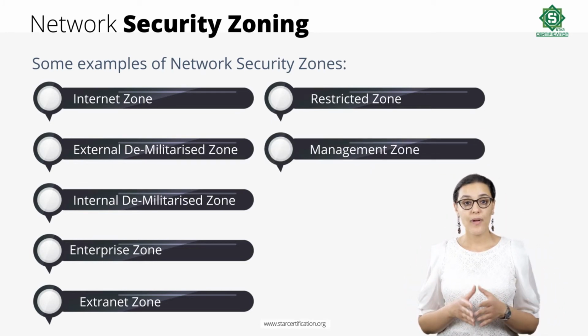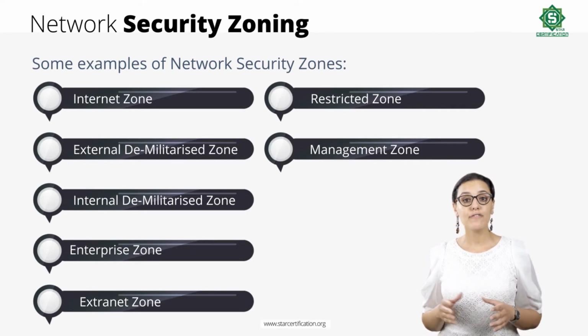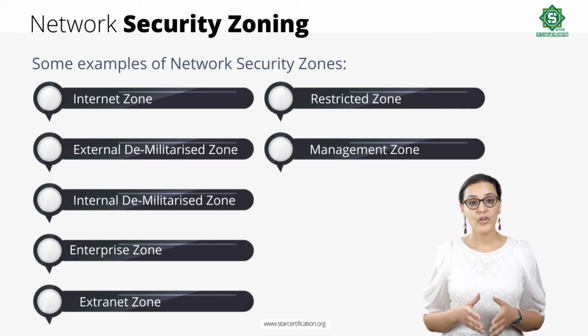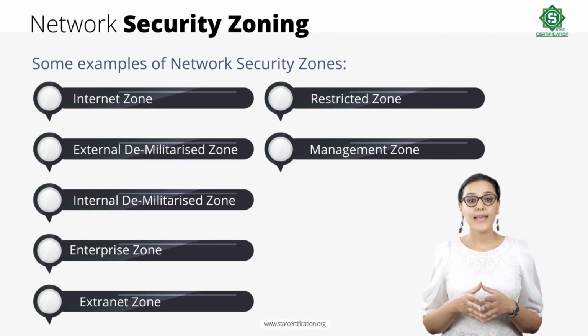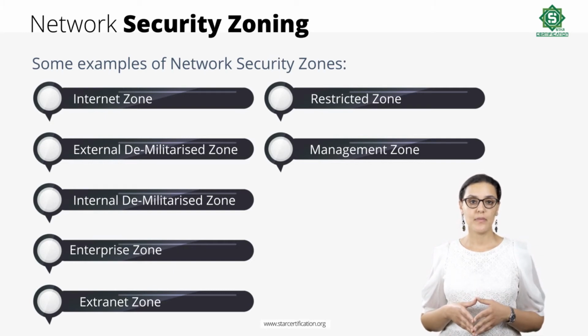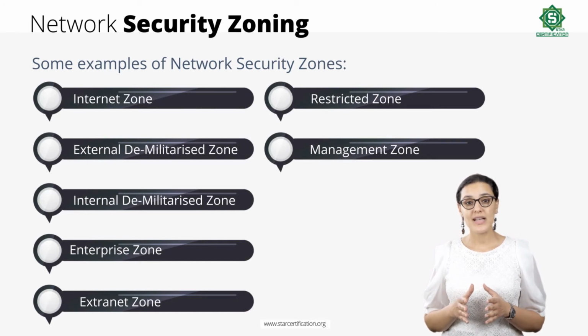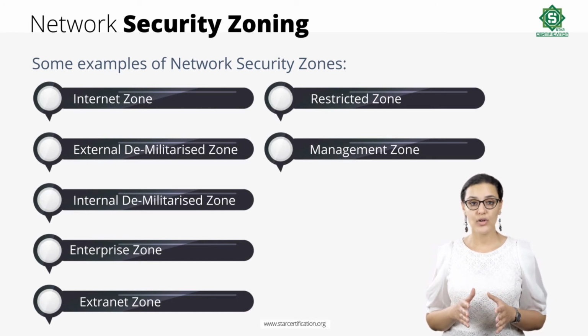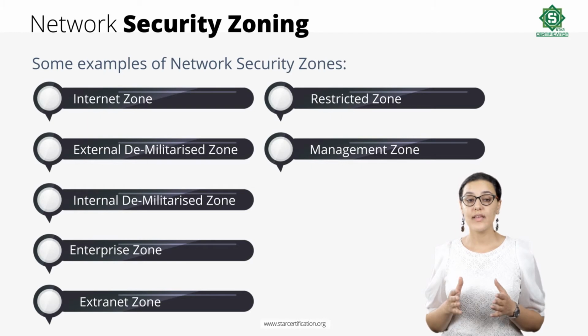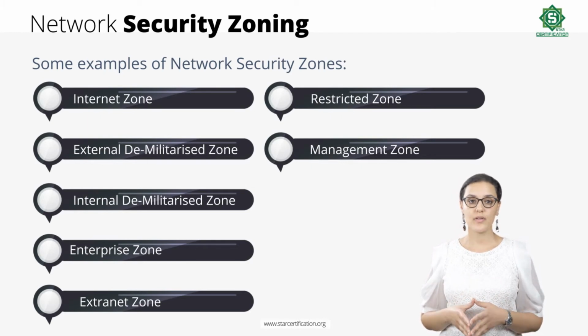Management zone comprises all systems that manage the network, including fault management system, configuration management system, account management system, performance monitoring system, and security management system. This zone is highly prone to attacks, as compromising the zone can provide the hacker with access to all the other zones in the enterprise network.